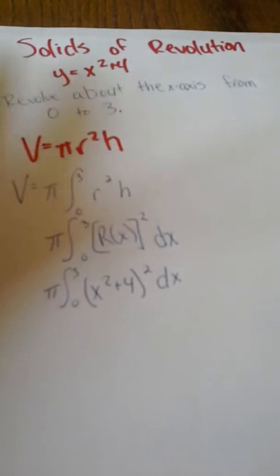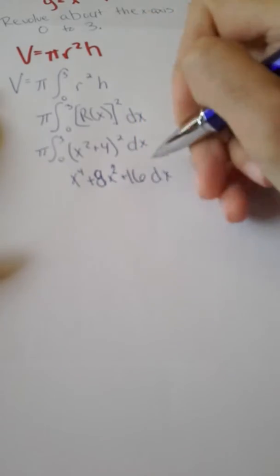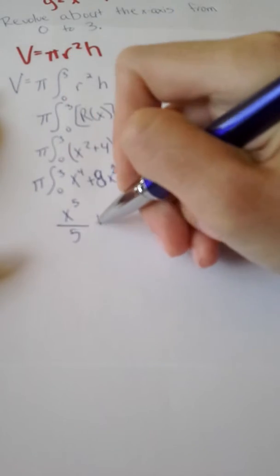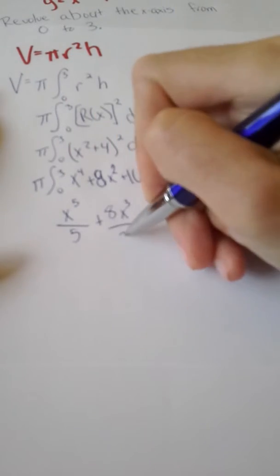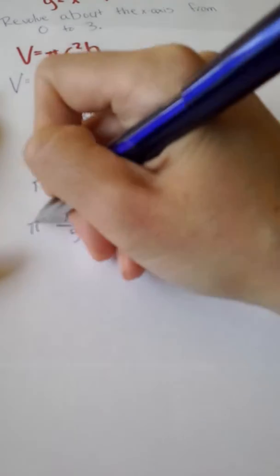Once I have that set up, we can evaluate just like we would solve any integral. I'm going to FOIL that out: x to the 4th plus 8x squared plus 16 dx, still integrating from 0 to 3. Then I can add 1 to the power and divide by the new power, and evaluate from 0 to 3.